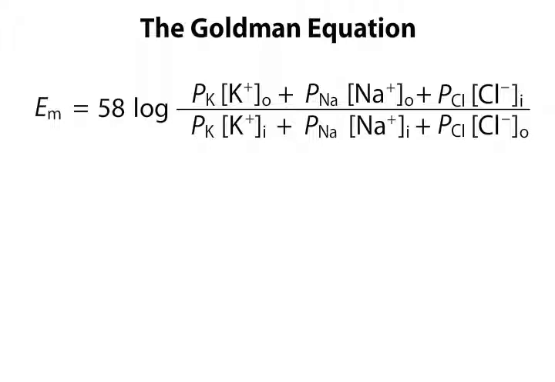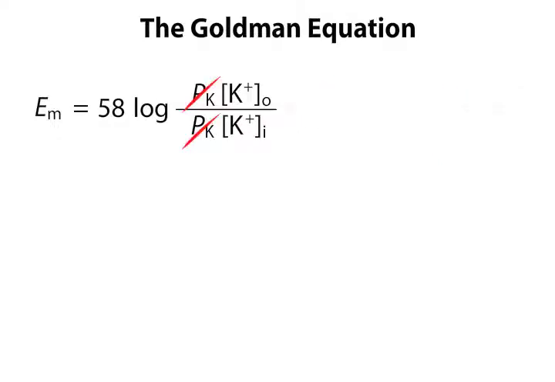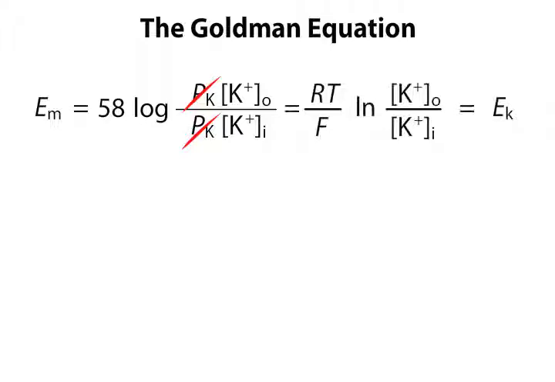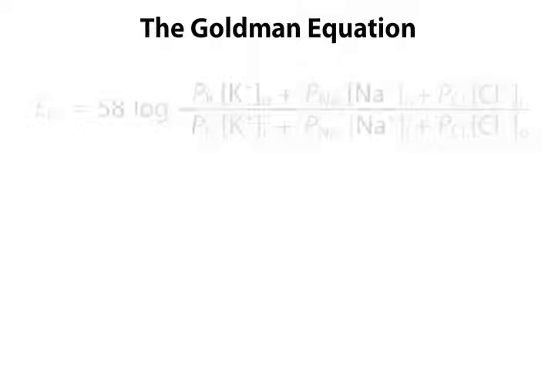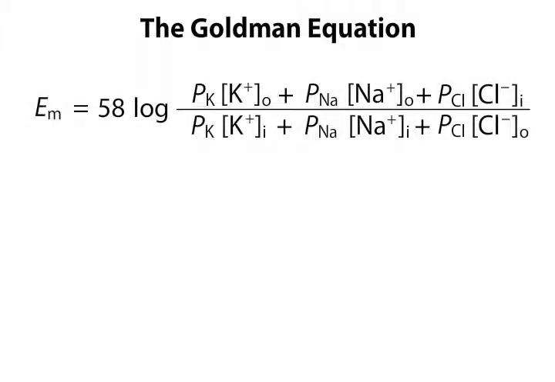If the membrane is permeable only to potassium, then PNa and PCl are both zero, and the Goldman equation collapses down to the Nernst equation for potassium. To account for the small but significant movement of sodium and chloride ions across the membrane, it's useful to reformulate the Goldman equation in terms of permeability of each ion relative to that of potassium, since potassium is the most permeant ion.